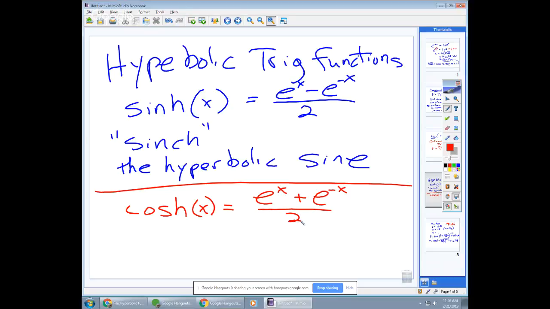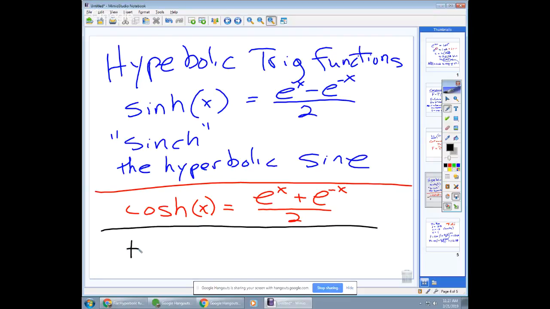And then they have lots of interesting properties. I'm only going to go over a couple of them, and I'll show you that the Wikipedia page has almost all of them. I'll do tangent now.